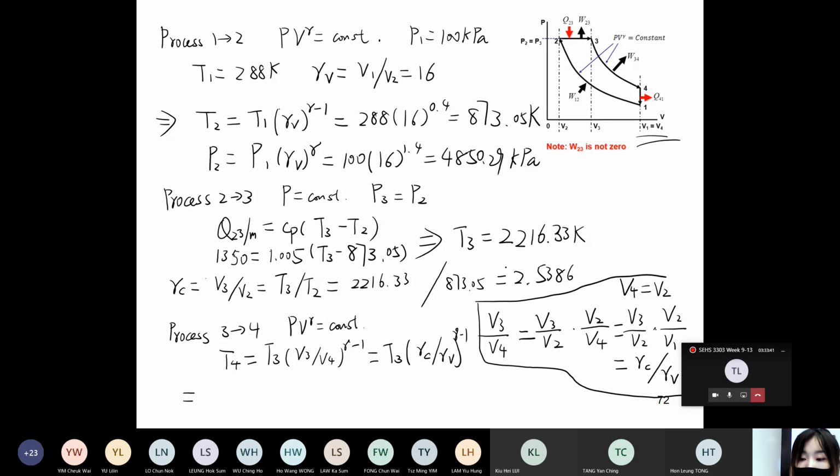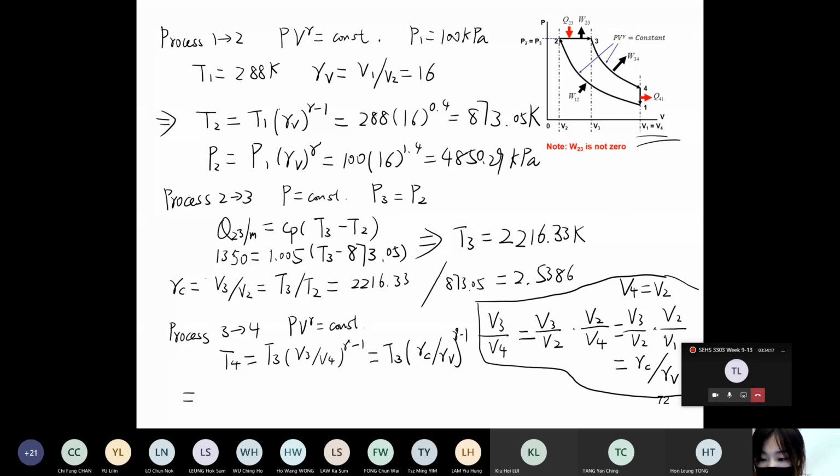At this point, any problems? Yes, because we have a constant volume. V4 equals to V1, yes. This one?